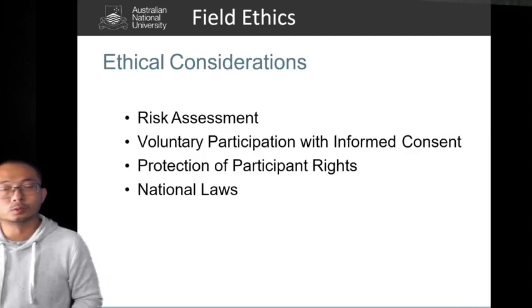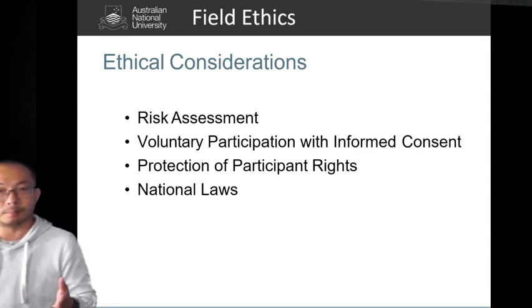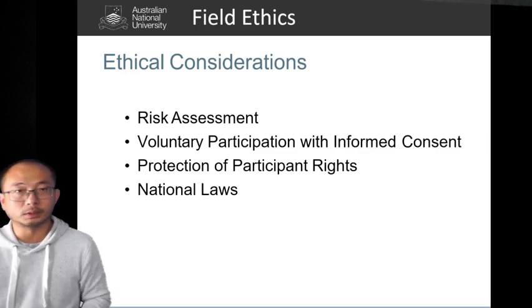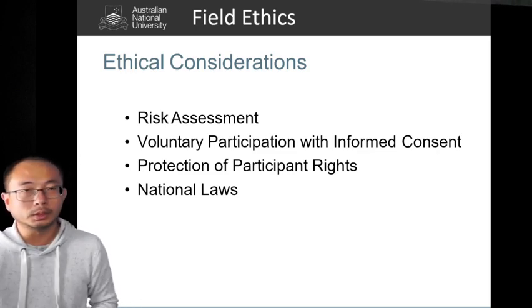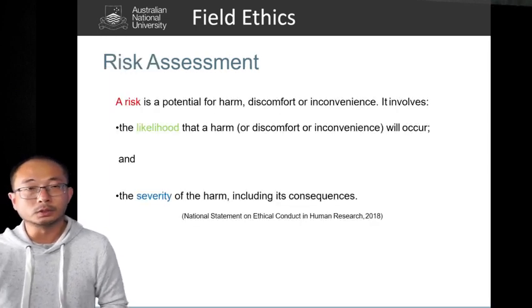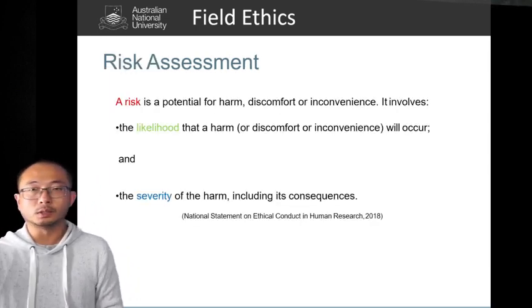And in order to protect them, to protect us, and to do the right thing, basically, there are a few things that you need to build into your own research. The first thing to do is to run a risk assessment.